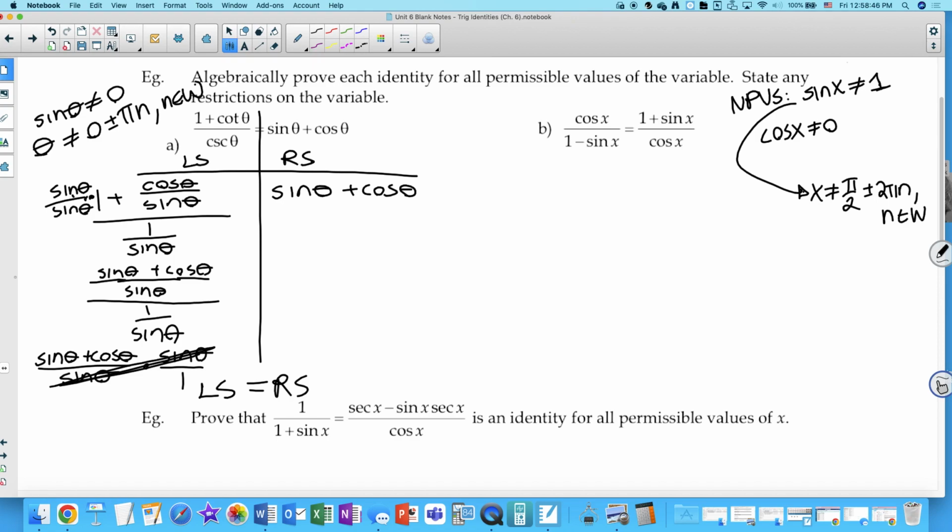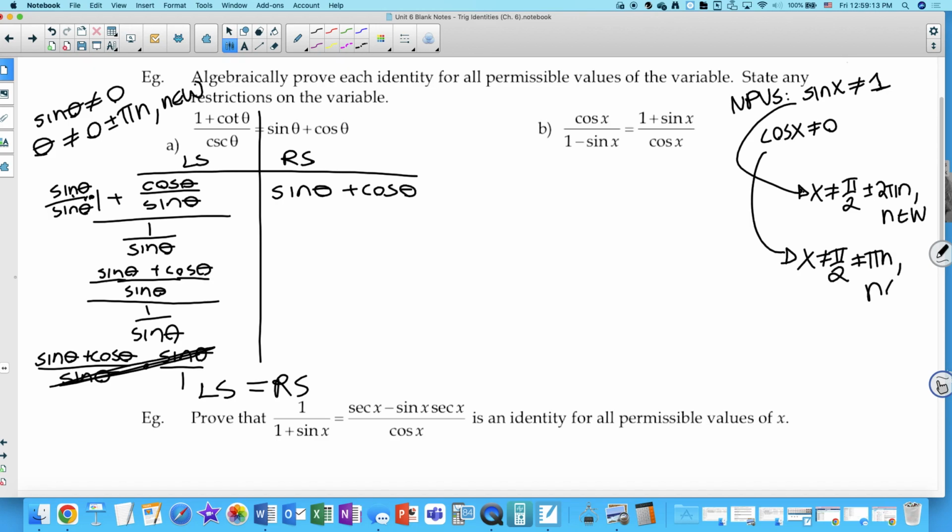Okay, because this is like the x coordinate. So when is x equal to 0? It's at 90 and 270, right? So here, x cannot equal pi over 2 plus or minus pi n, where n is an element of the whole numbers.